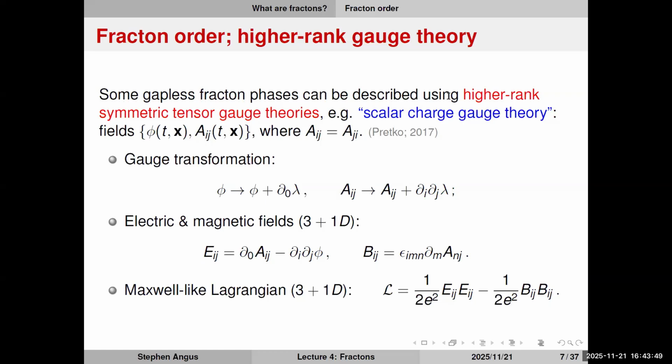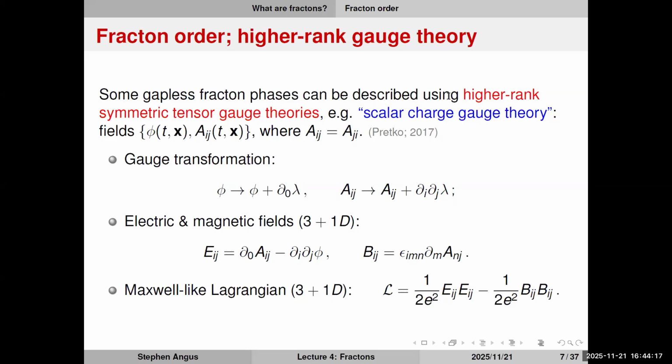And a very common example is the so-called scalar charge gauge theory. In this gauge theory, the time component is a scalar, this field phi, and the spatial component is a symmetric matrix Aij.